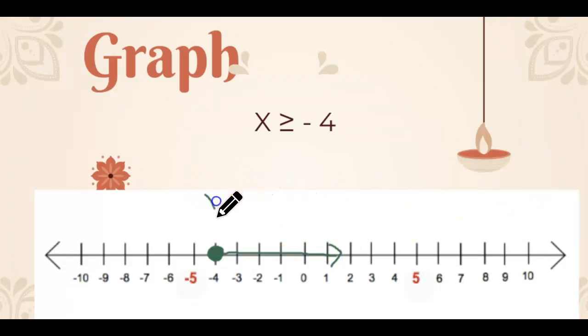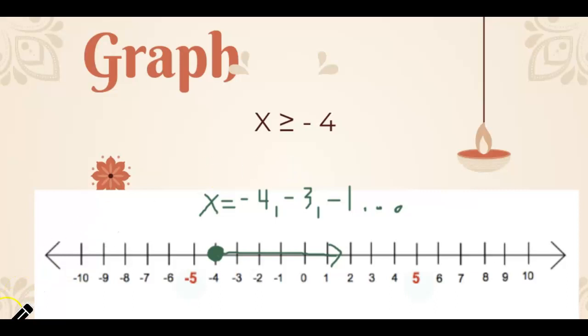A possible solution for this inequality, since X should be greater than or equal to -4, I would start with -4, -3, -2, -1, 0, 1, 2, 3, 4, 5, 6, 7, 8, 9, 10, as many as you can. But the first possible solution is -4, in terms of whole numbers.